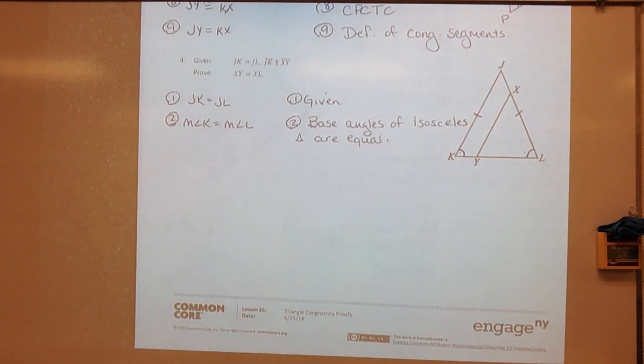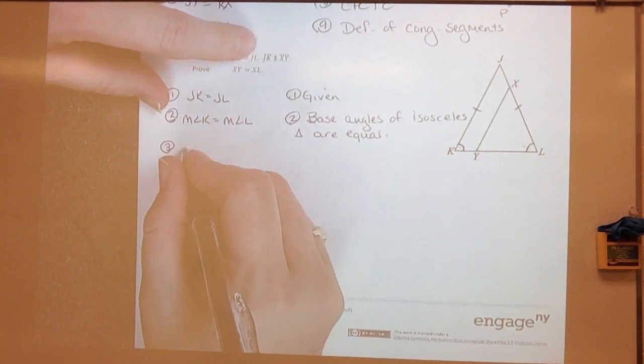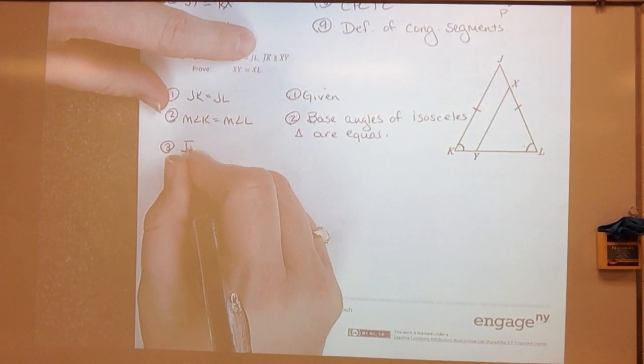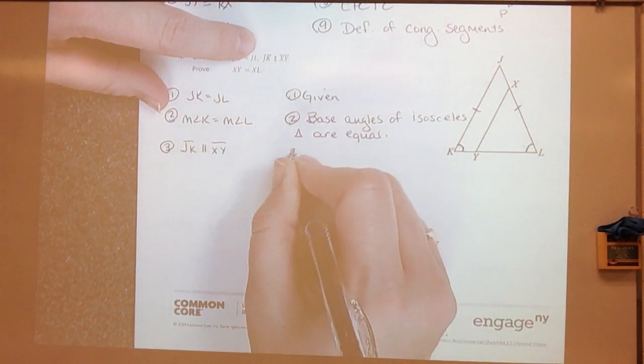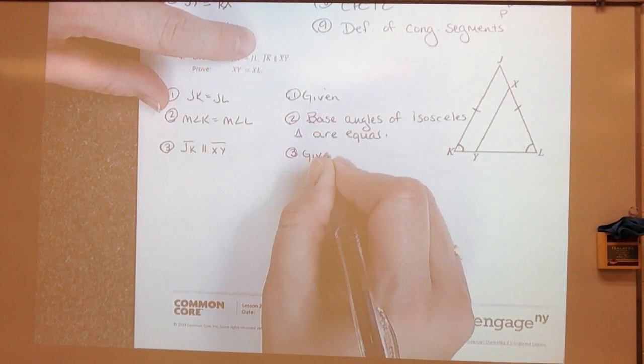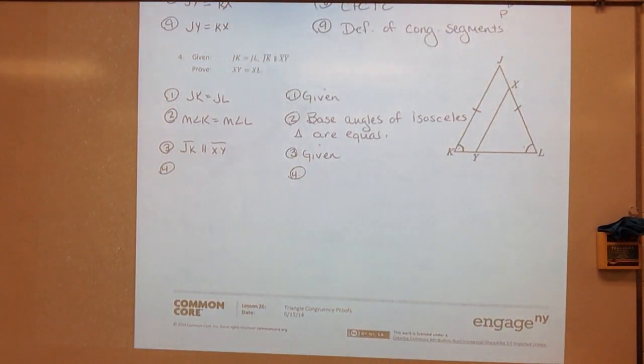Now I'm going to address my next section of given information that JK is parallel to segment XY. That is given. We know when they're parallel, that means they run side by side, they're never going to touch.